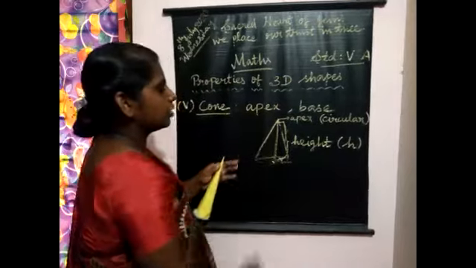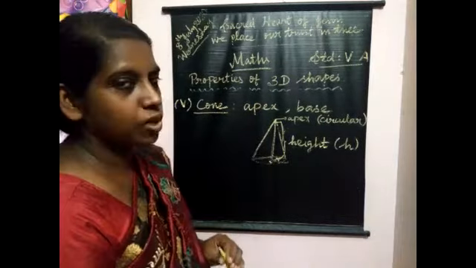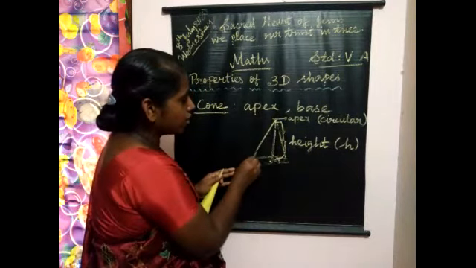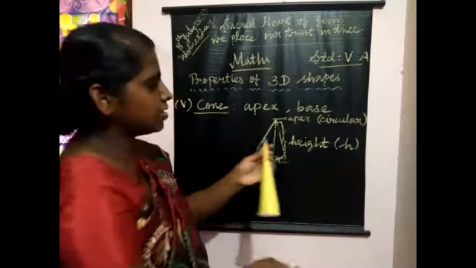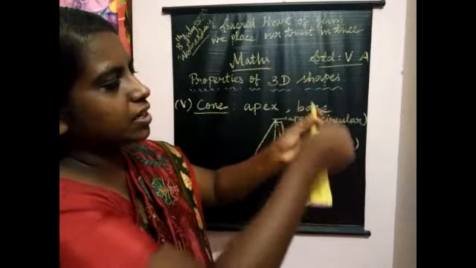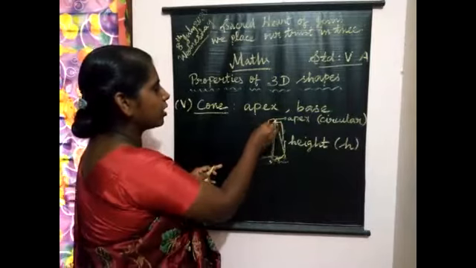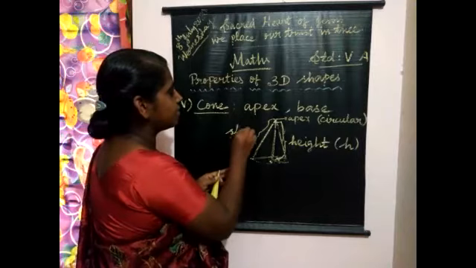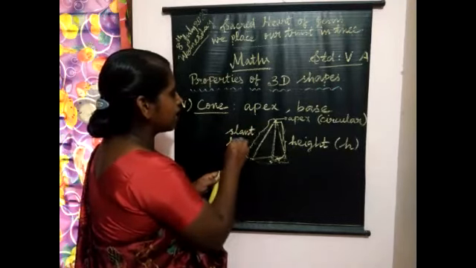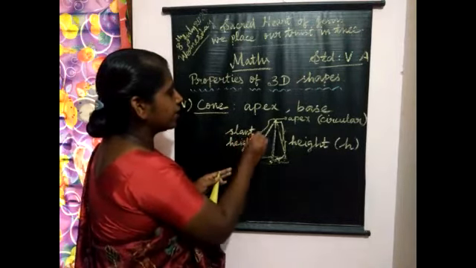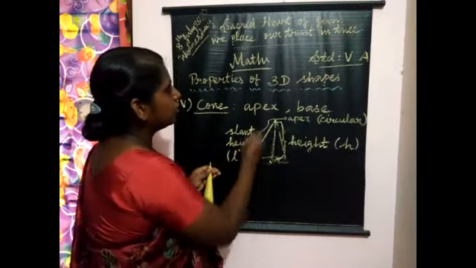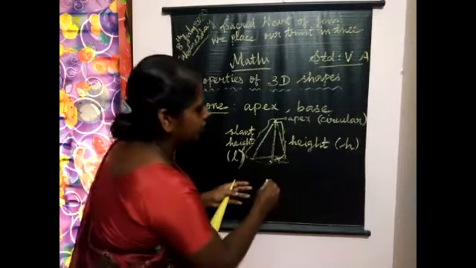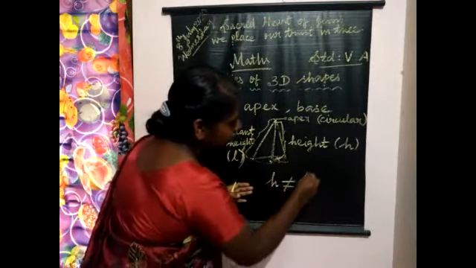And if you calculate the distance from the apex to a point on the circumference of the base, like this, that is called the slant height, slant height L. So in this cone, the slant height and the height are not equal. So h is not equal to L in a cone.